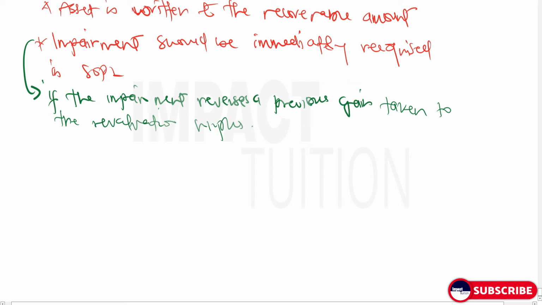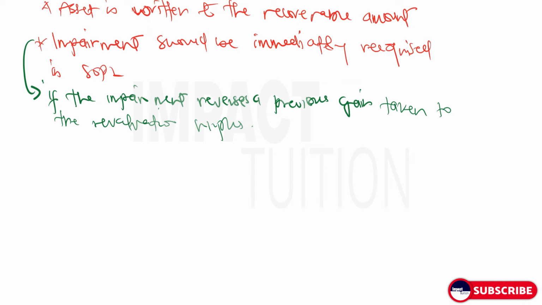I will explain. The impairment should be immediately recognized in the statement of profit or loss. Now, the exception is that if the impairment reverses a previous gain taken to the revaluation surplus, the impairment loss will not be recognized in the statement of profit or loss.